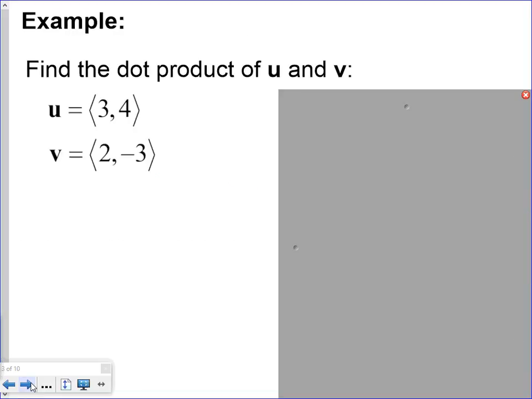Find the dot product of u and v, given u is <3, 4> and vector v is <2, -3>.